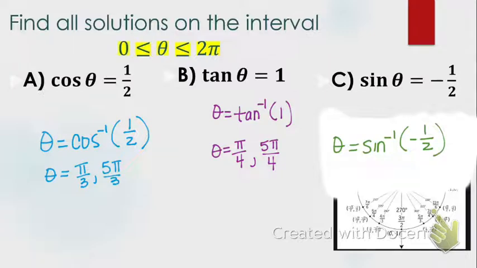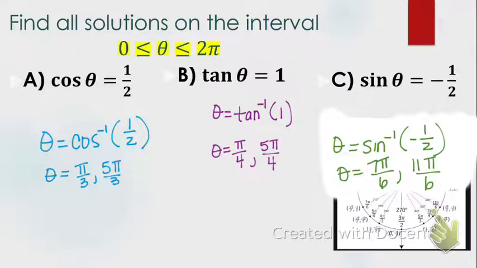What 2 angles have a sine value of negative 1/2? Sine is negative in quadrants 3 and 4. So looking in quadrants 3 and 4, what are your 2 angles? 7 pi over 6 is the first one. Good. And 11 pi over 6. Who had that for their answer? Pretty easy, right? Nothing bad.